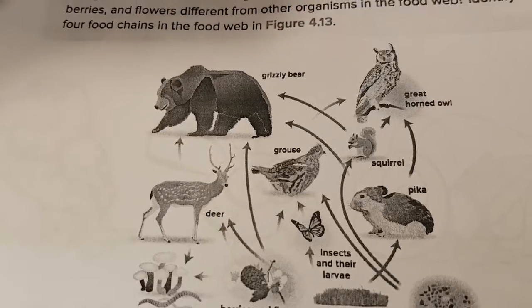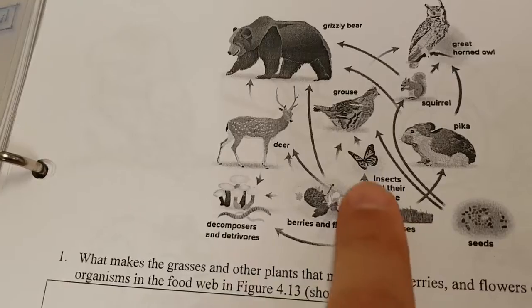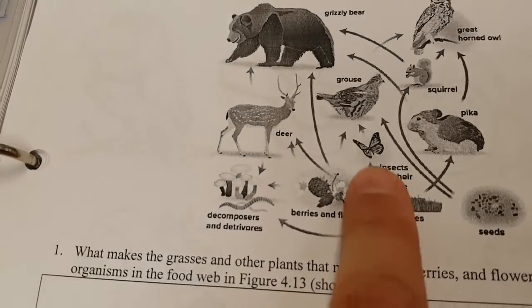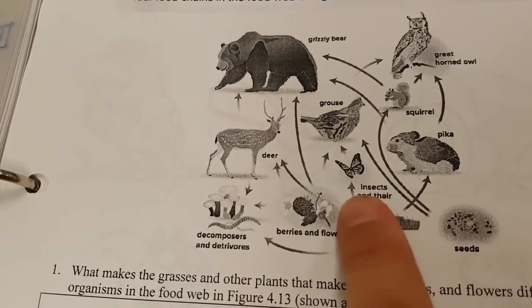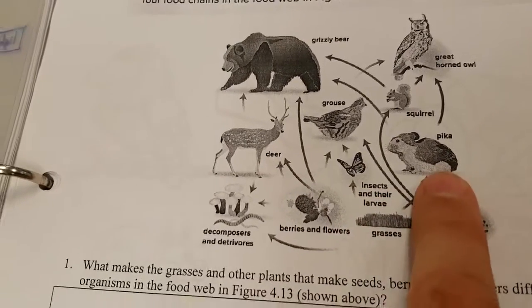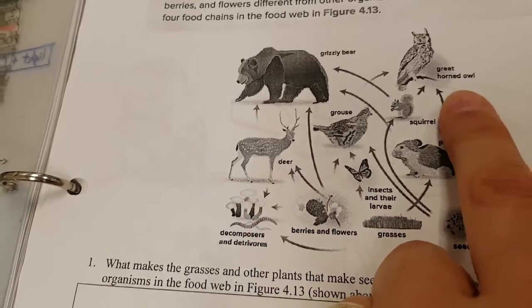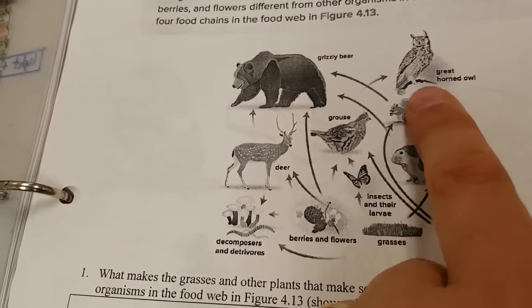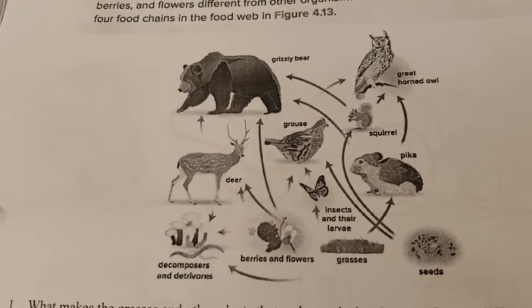But also, if butterflies disappeared, the pike would have more food because there wouldn't be as much competition. And maybe they would increase, and if they increase, then maybe that would supply more food to the owl. So there's going to be some effects if one organism were to disappear.